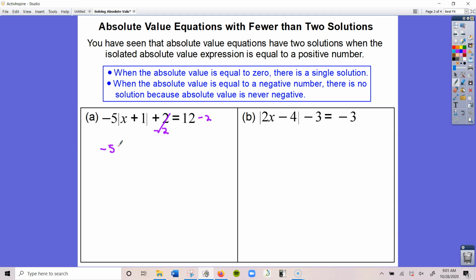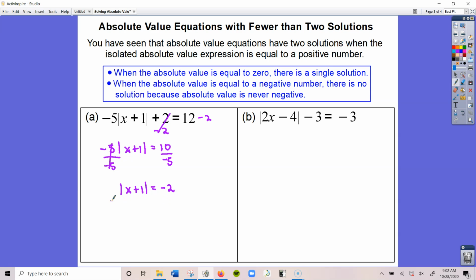So negative 5 times the absolute value of x plus 1 is equal to 10. Then I would divide by negative 5. And now I have that the absolute value of x plus 1 is equal to negative 2. Now what do we know about absolute value? We know that whatever comes out of the absolute value has to equal a positive number.